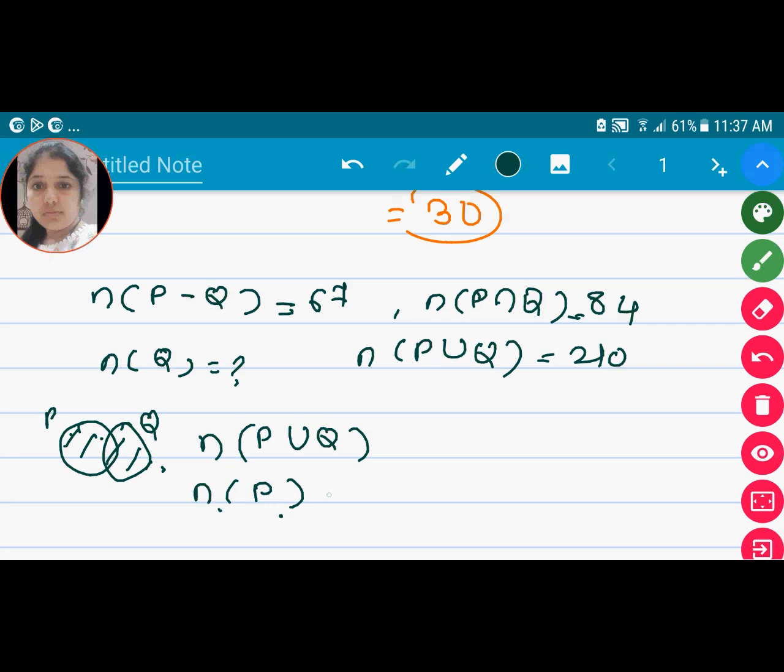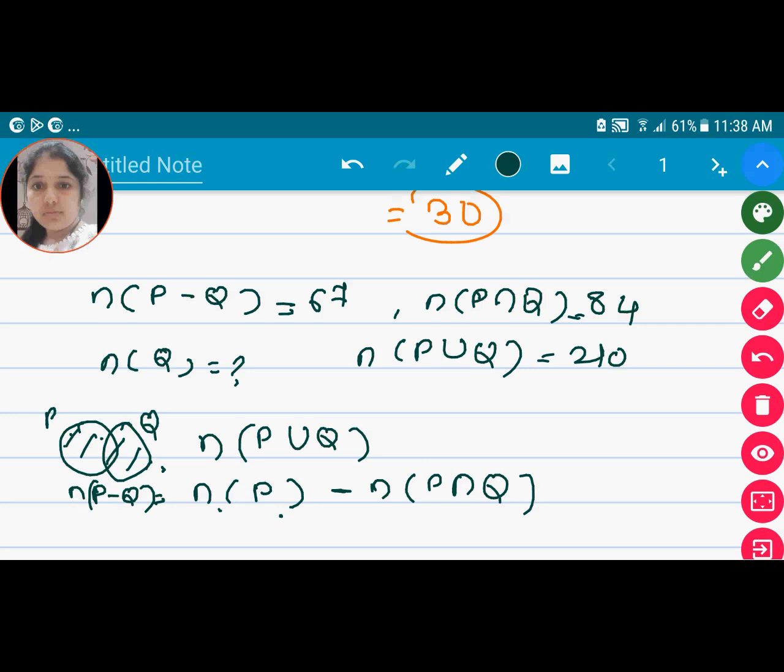Number of elements in P, from which we subtract the number of elements in P intersection Q, is equal to number of elements in P minus Q. How?